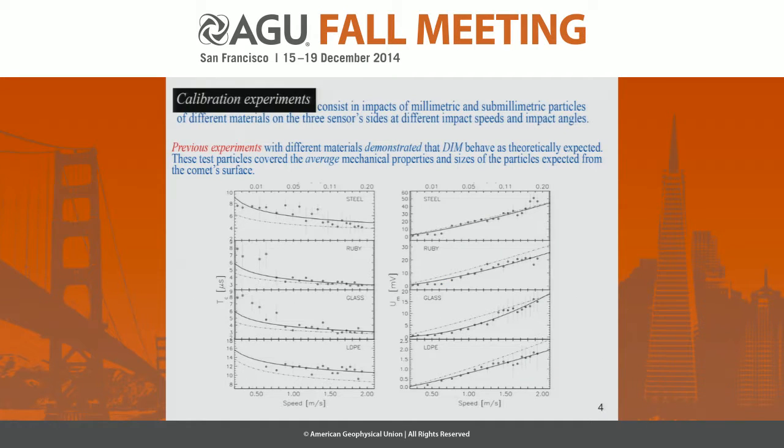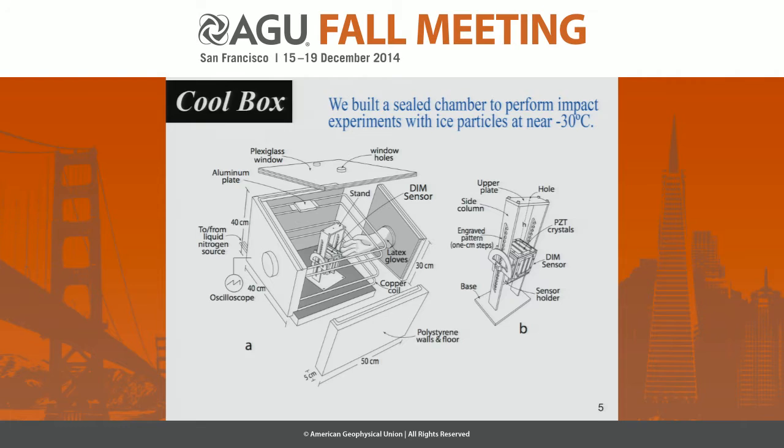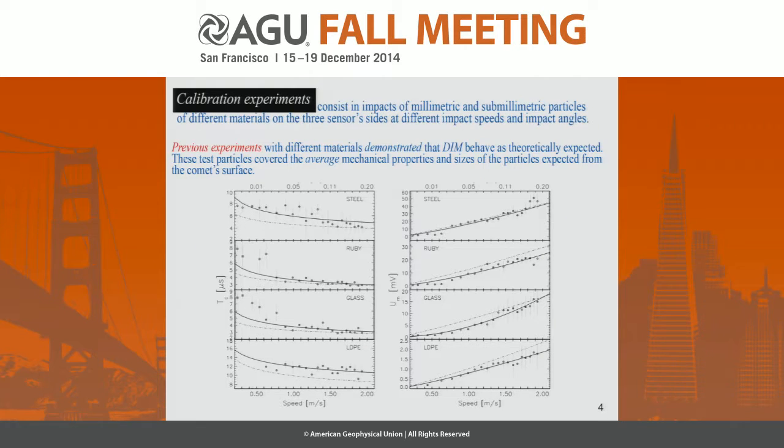And what we did in the first place was a lot of calibration experiments. The experiments were quite simple, and they consist mainly of impacts of millimetric and submillimetric particles of different materials. We tried to cover basically all the possible ranges of mechanical properties that we would be expecting on the comet.